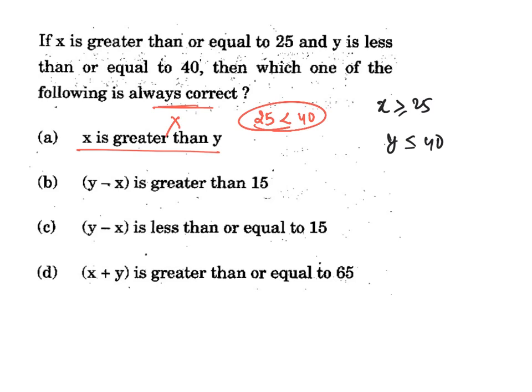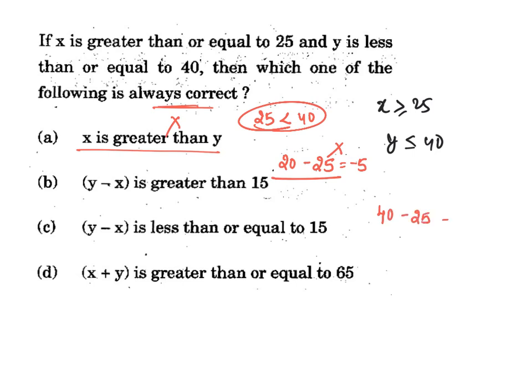y minus x is greater than 15. So he says y minus x is greater than 15. If I take y as 20, x is 25, now it is minus 5, it is not greater than 15. So this is cancelled. y minus x is less than or equal to 15. Now see here, the maximum value of y is 40 and the minimum value of x is 25.